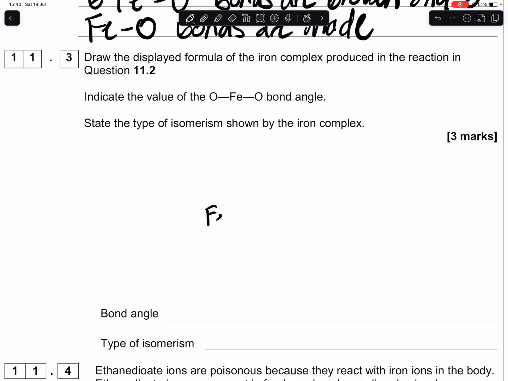So draw out your standard octahedral complex. And we need to add our bidentate ligands in now, our ethane dioate ligands. So you need to draw all the bonds here.